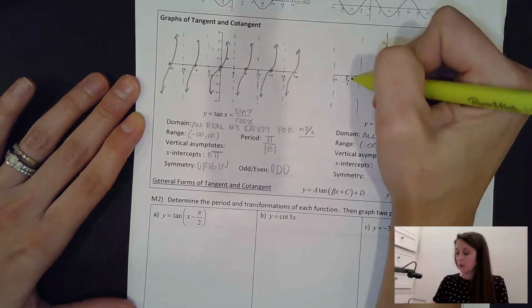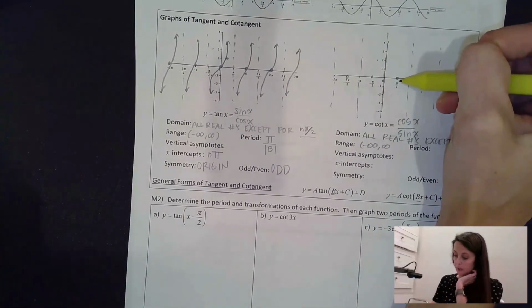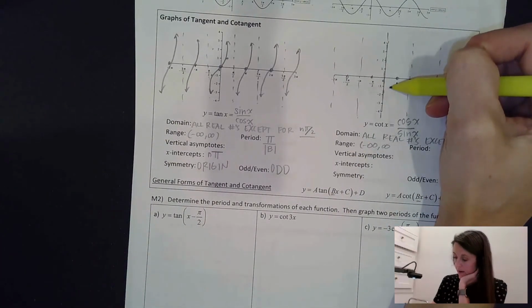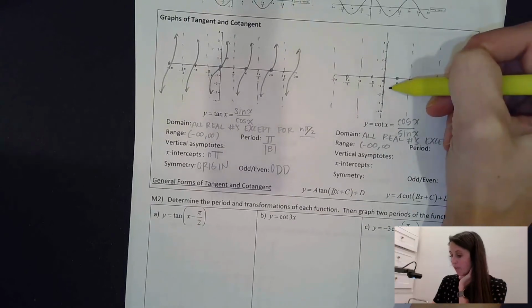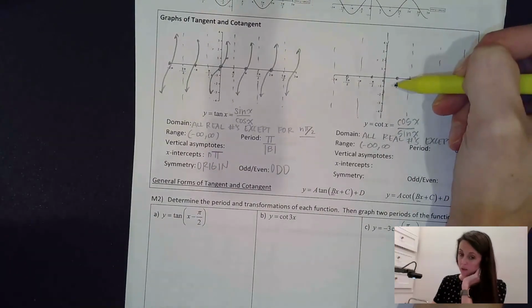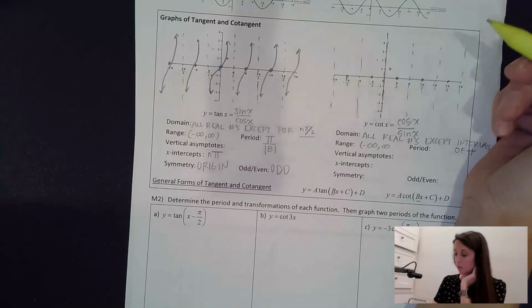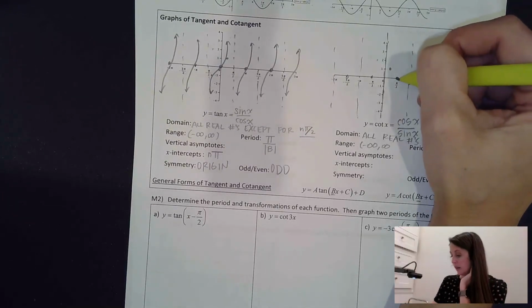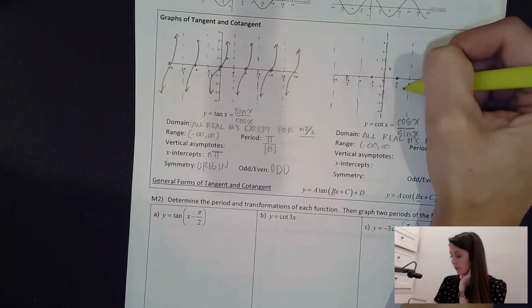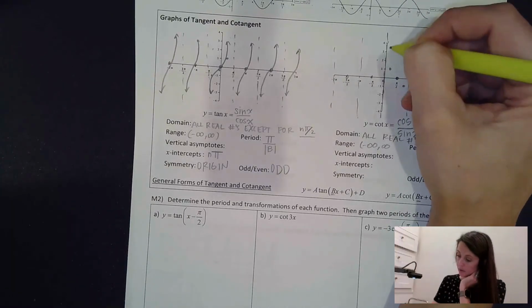So what's going to happen here, at pi over 4, we are going to be where? At pi over 4, we are going to be at a 1, and then at 3 pi over 4, here we're going to be at a negative 1.